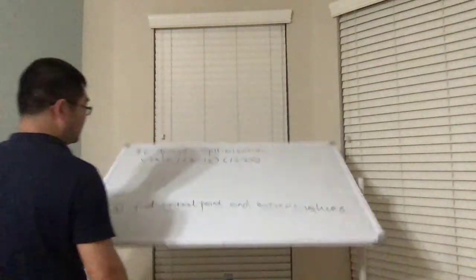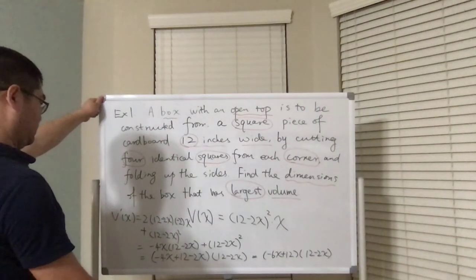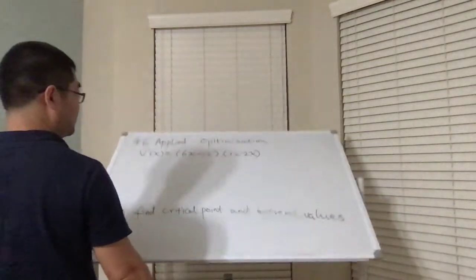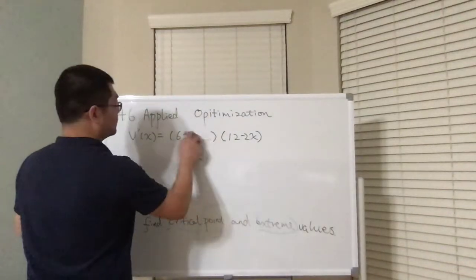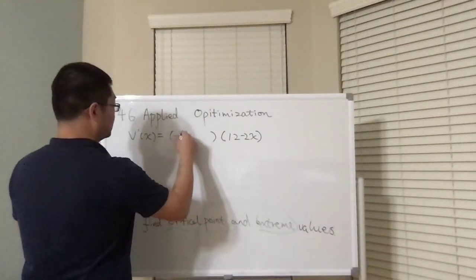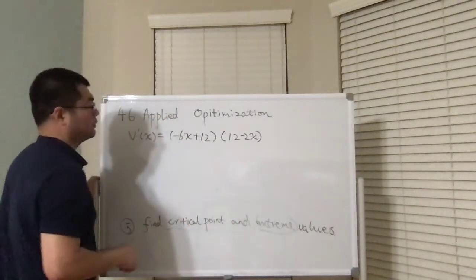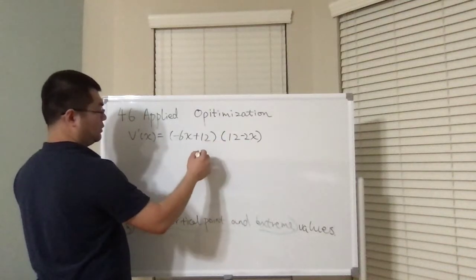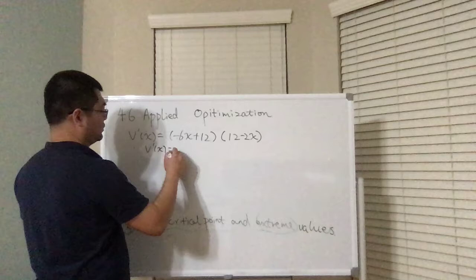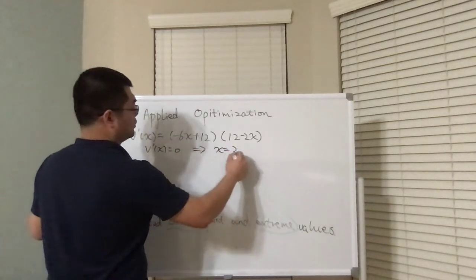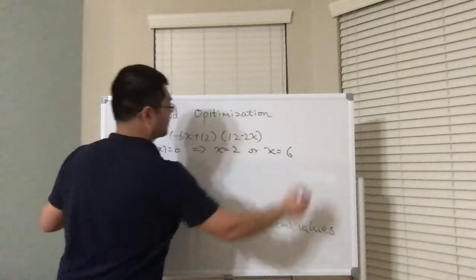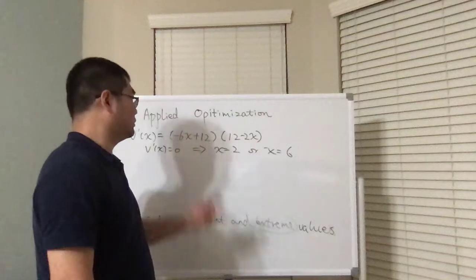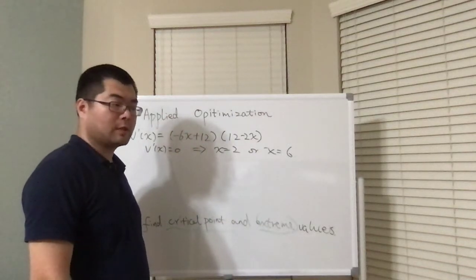If we set V prime of x equal to 0, we can solve that x equals 2 or x equals 6. Those are the two critical points.